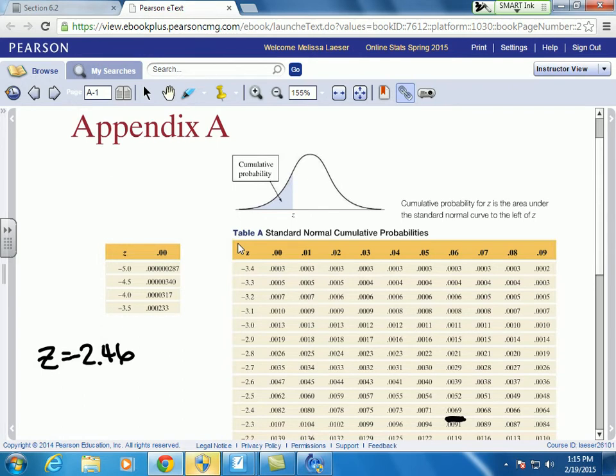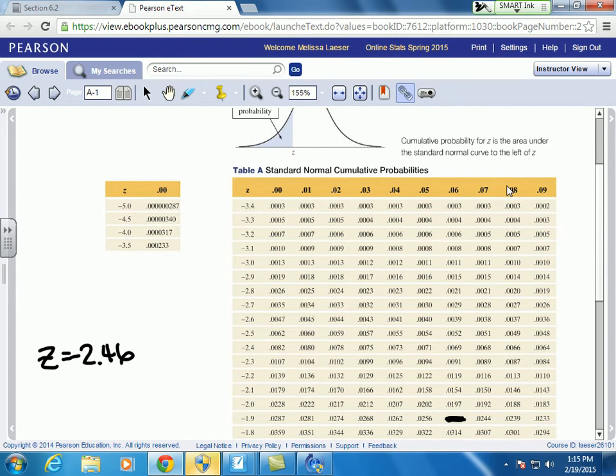And what that means in my picture is, if here's 0, here's -2.46, I'm calculating that probability, and that probability is 0.0069.